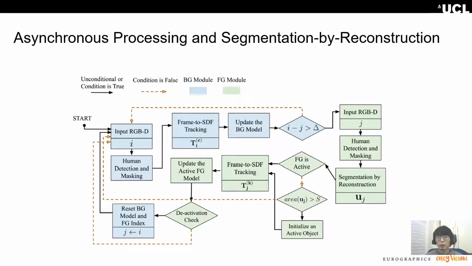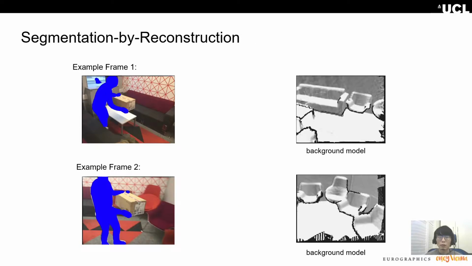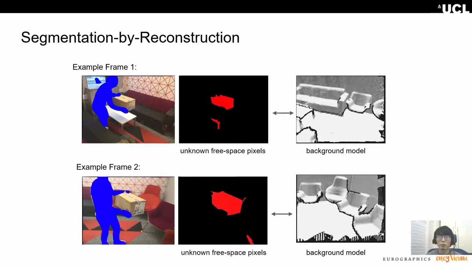Using the proposed asynchronous scheme, now we can introduce how we detect dynamic objects. As mentioned earlier, a small delay gives us a good background model at runtime, and we can query this background model to identify a point located in free space. Those unknown free space pixels are marked in red color.